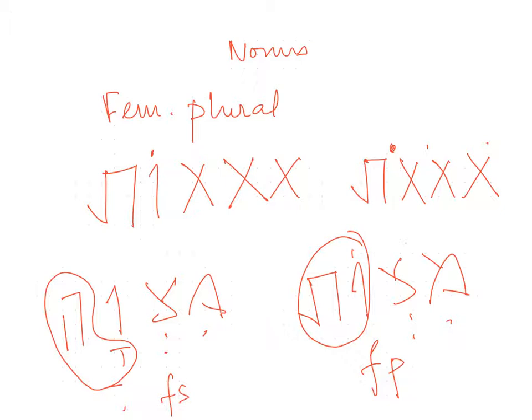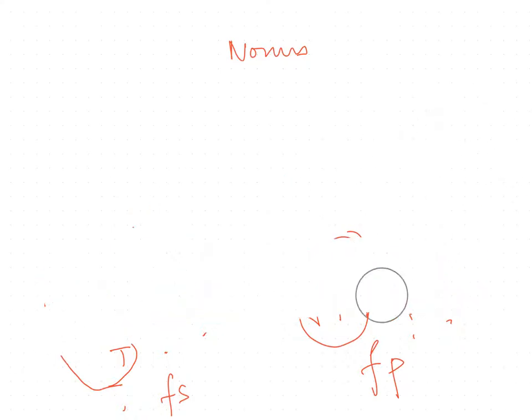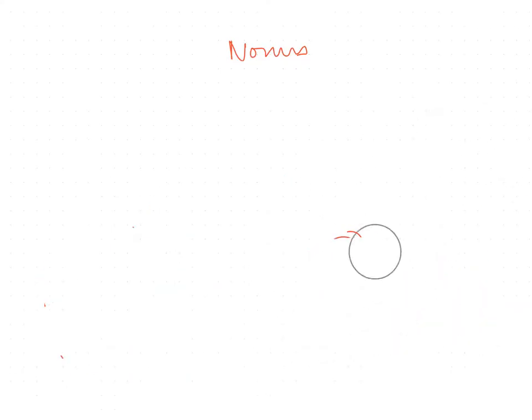All right, that's good, and we are good here, but there's an anomaly. The anomaly is that I've just taught you the feminine plural. There are some words that are irregular.